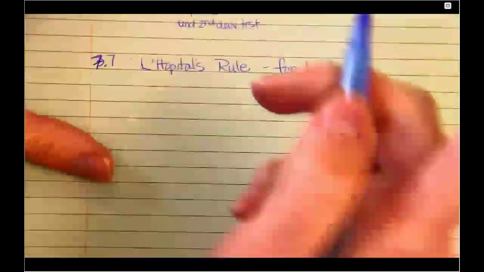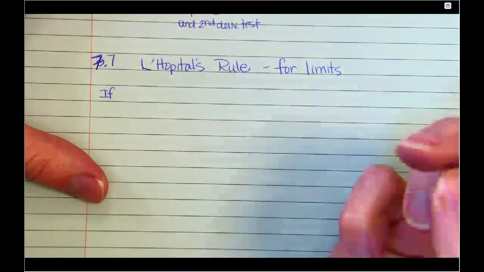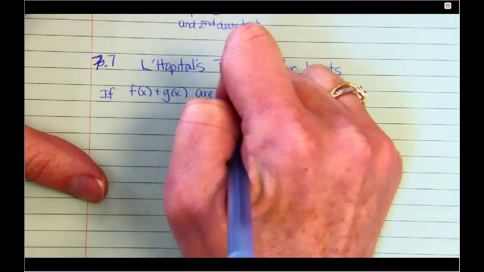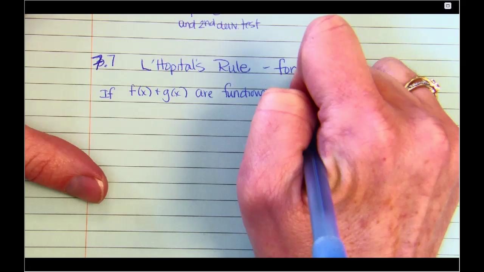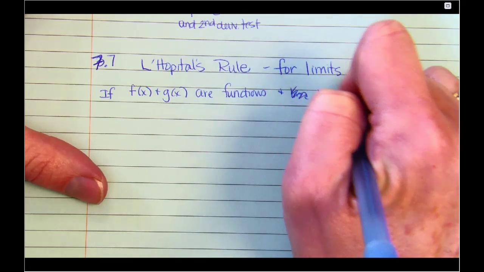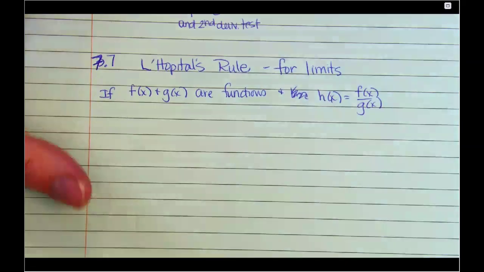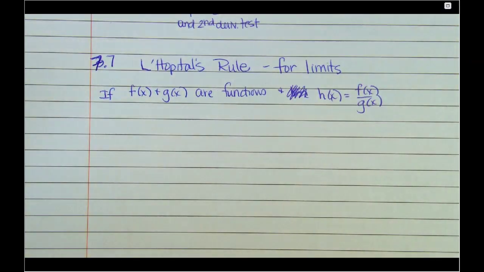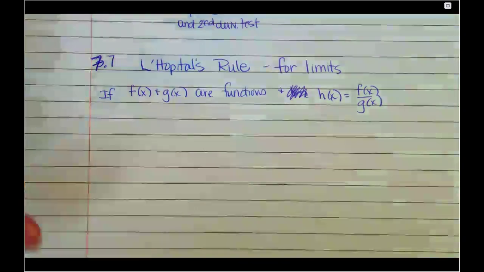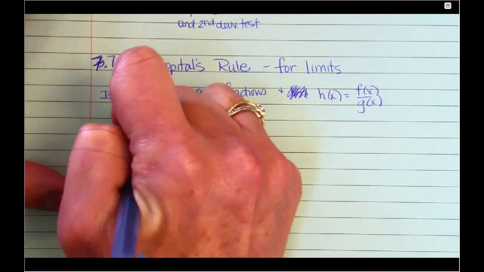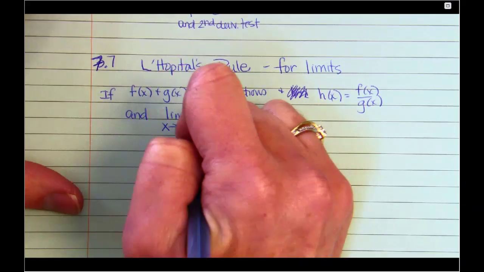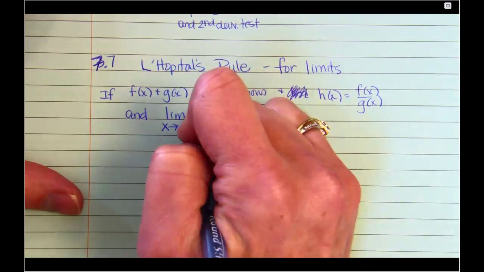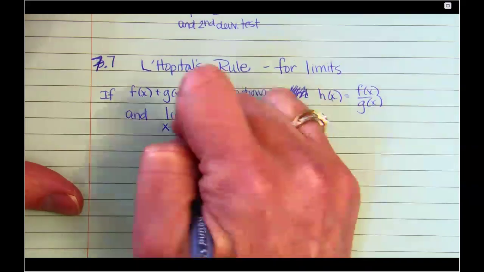So L'Hôpital's rule says if f of x and g of x are functions, and h of x is equal to f of x divided by g of x, and the limit as x approaches c of h of x.